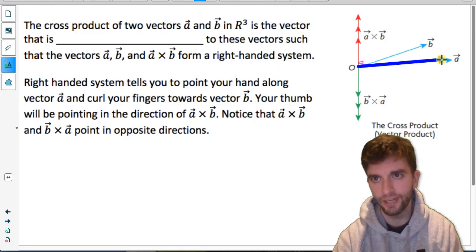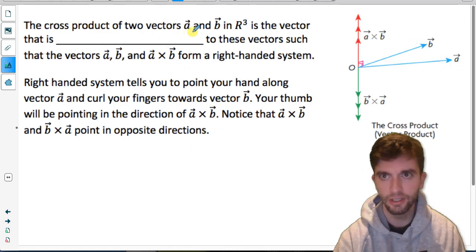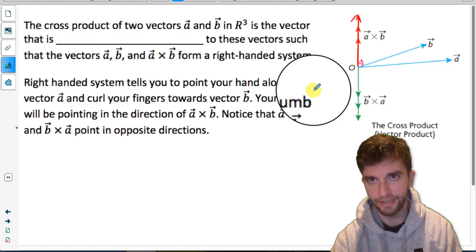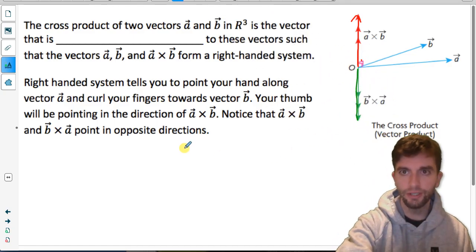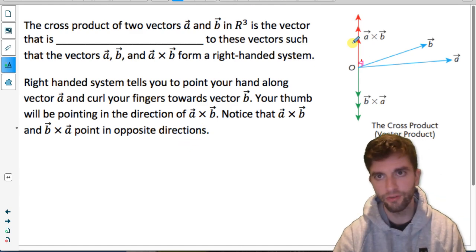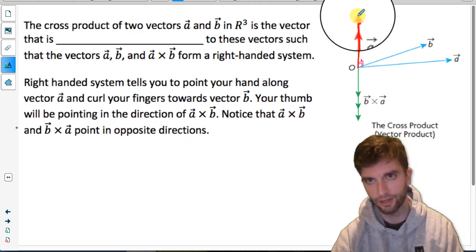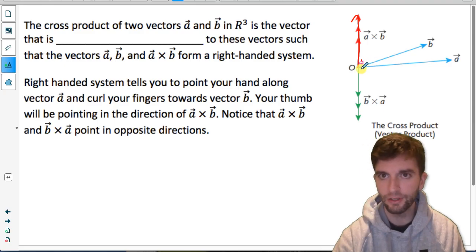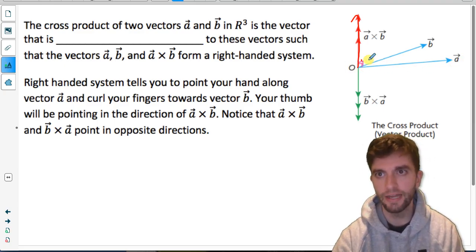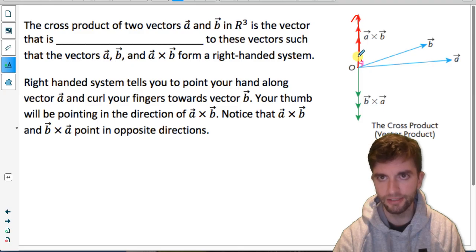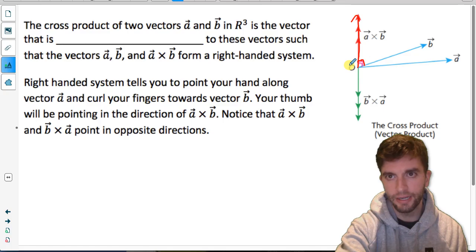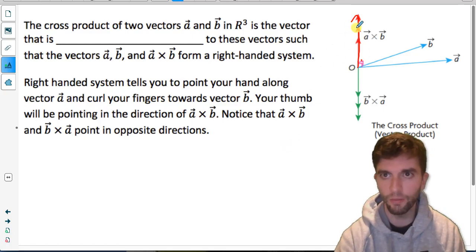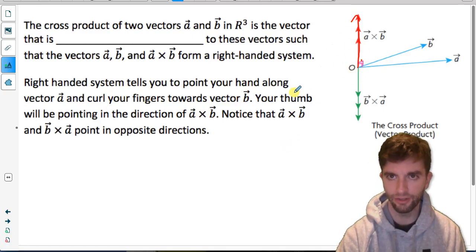Notice I have drawn here two vectors, vector A and vector B. The cross product of those two vectors is either this vector here, A cross B, or this vector here, B cross A. What's important to notice is that A cross B is perpendicular, or normal, to both vector A and vector B. That cross product vector forms a 90-degree angle with vector A, and also forms a 90-degree angle with vector B. So we say it is normal to vectors A and B because it is perpendicular to both of them.